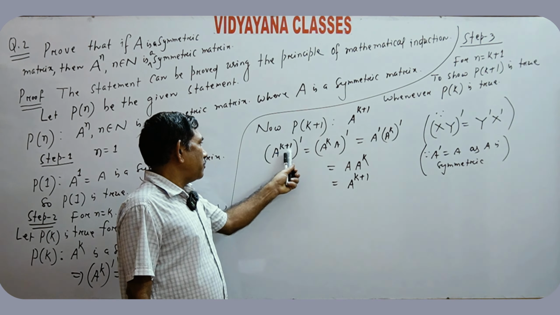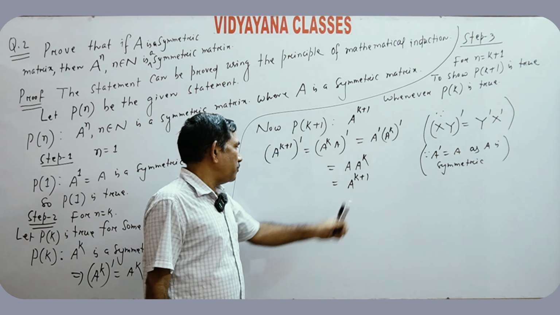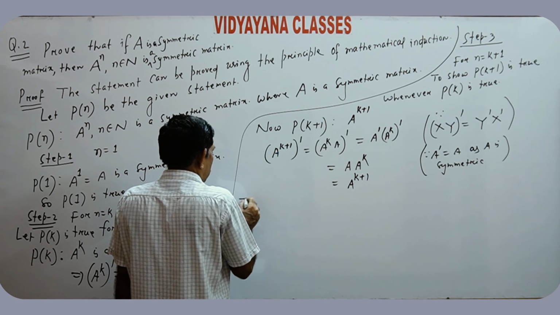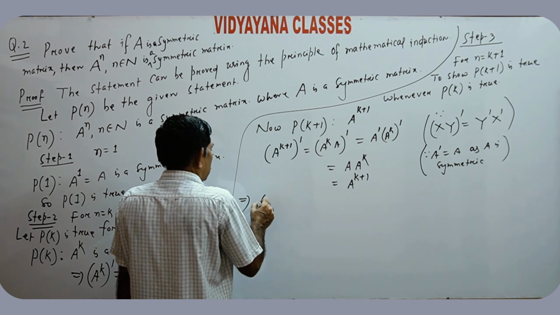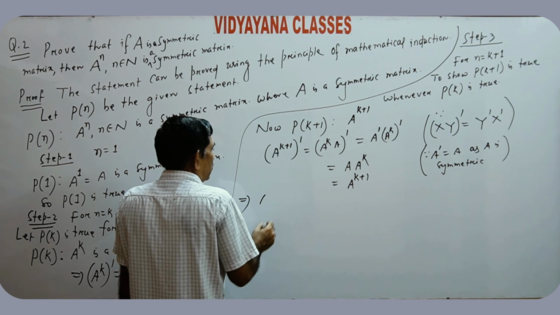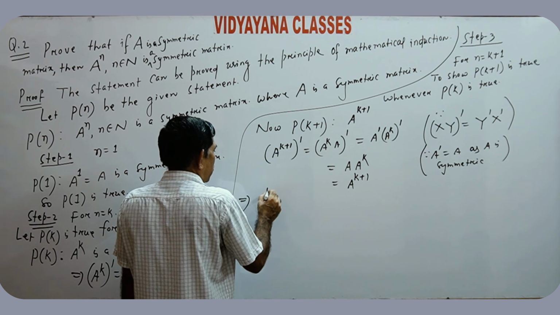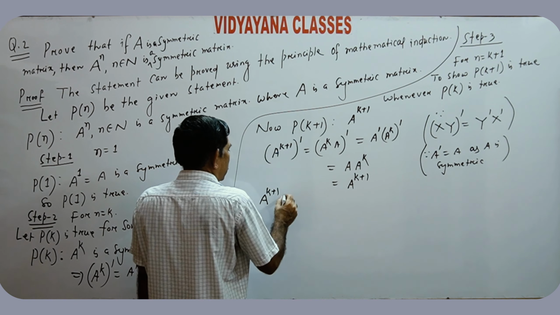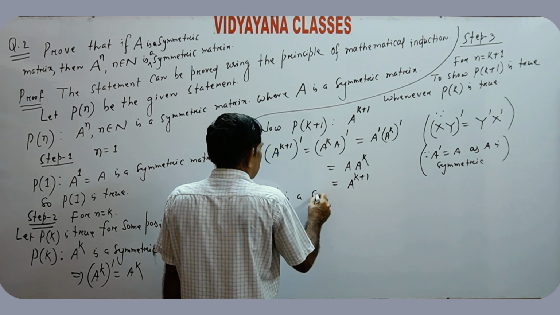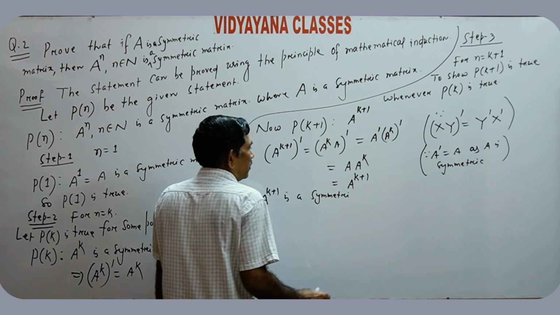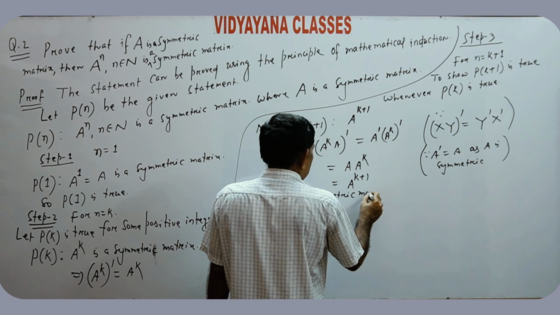Transpose of A to the k plus 1 is equal to A to the power k plus 1. So A to the power k plus 1 is a symmetric matrix.